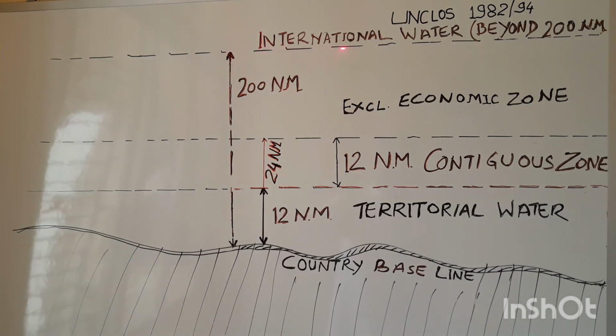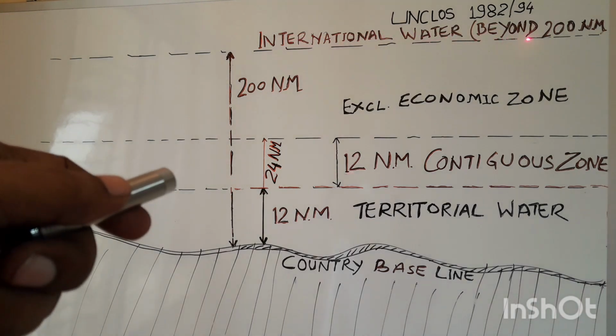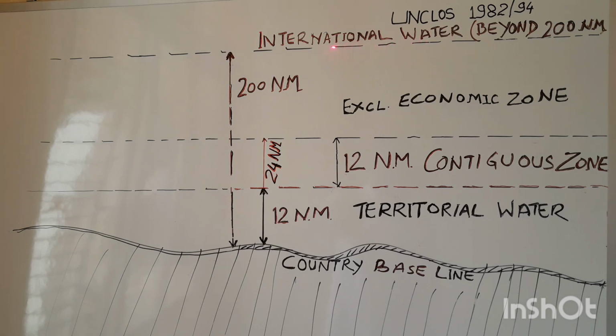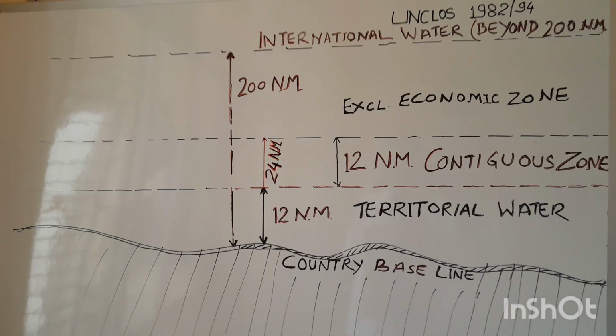If you move further, this is the international water, or we say the high sea. So the high sea starts after 200 nautical miles from the baseline of the particular country. In this international water or high sea, no country has any specific right. All the countries have equal right to the high seas.